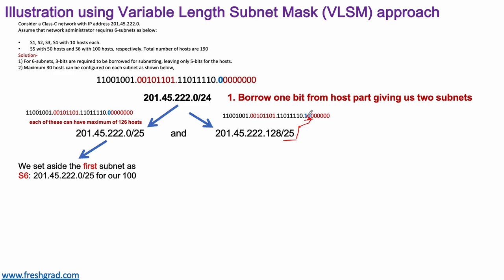Which one is this one? 0. So we divide our 201.45.222.128 slash 25 network further into two more subnets by borrowing one more bit. We are now borrowing the seventh bit, right? This is the seventh bit.